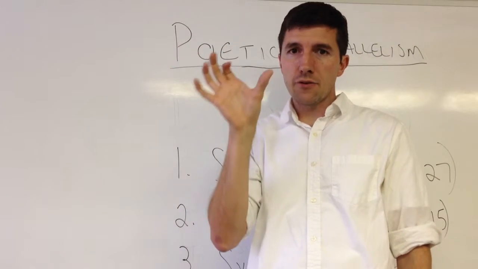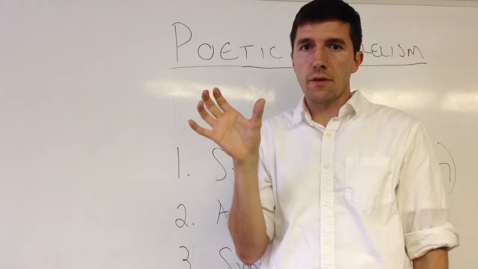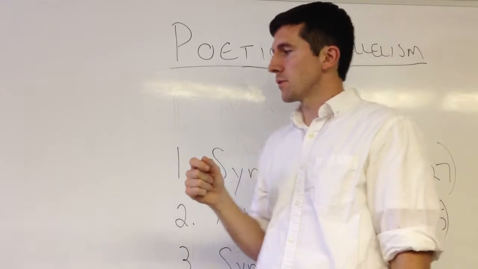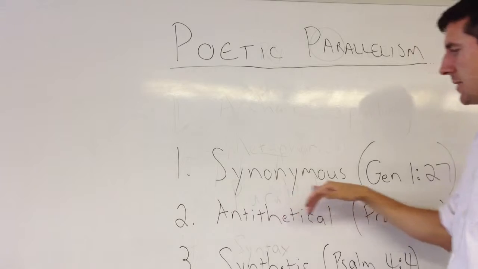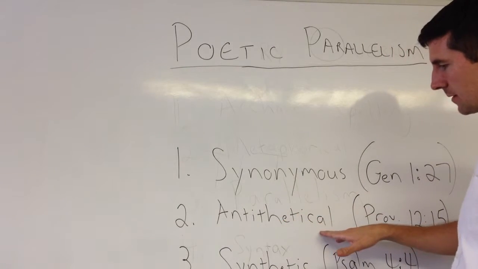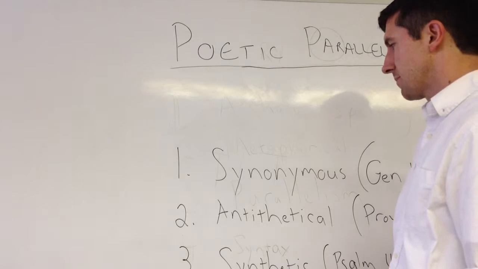The key to understanding Hebrew poetry will be to read how the two inform one another. What's the relationship, and what's the poem doing with those two lines? So the three types are synonymous parallelism, antithetical parallelism, and synthetic parallelism.